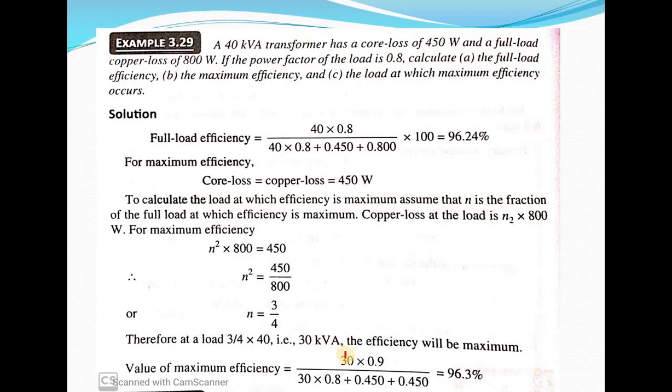So we'll put 30 kVA, so 30 into 0.8, it is written wrong, it should be 0.8. So 30 into 0.8 divided by 30 into 0.8 plus 0.45 plus 0.45, giving 96.3. So this is a very important question.